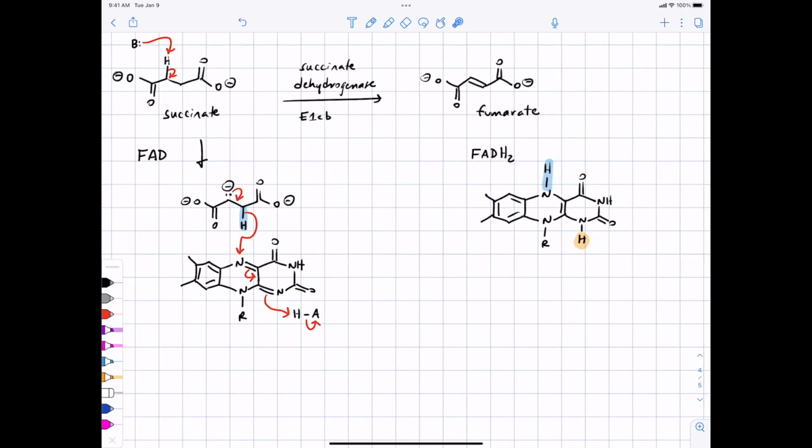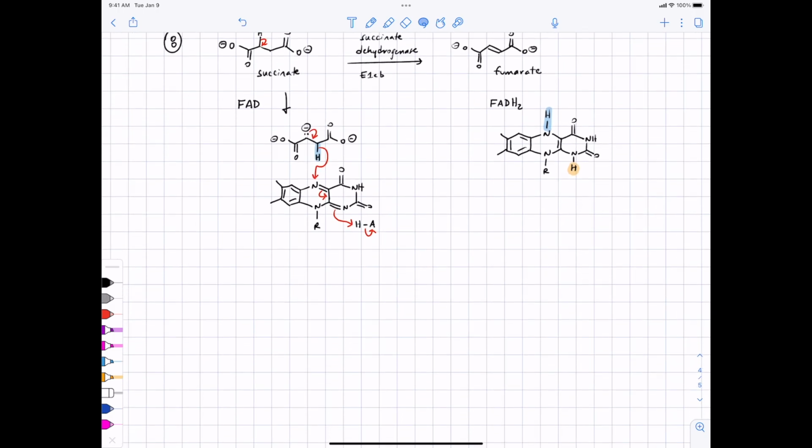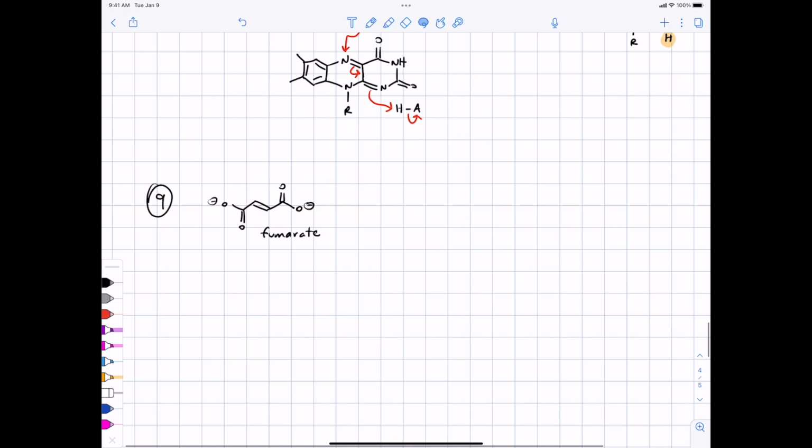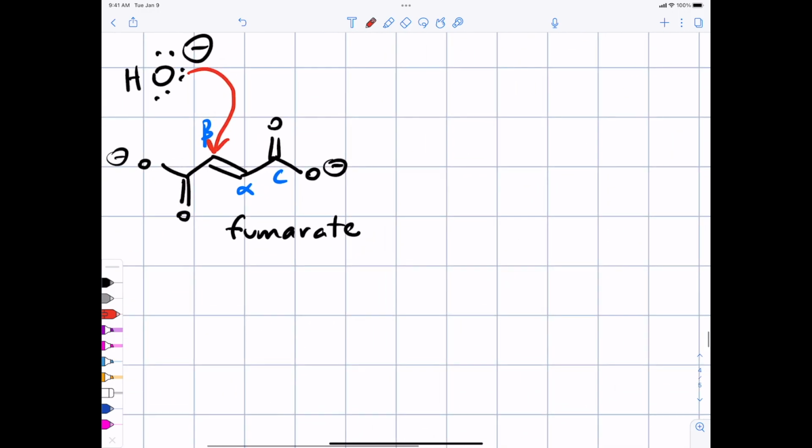Fumarate's an alpha-beta unsaturated carbonyl compound. So, getting an oxygen adjacent to one of those carboxylic acids is basically a conjugate addition style reaction. Carbonyl carbon, alpha carbon, beta carbon. OH minus acts as a nucleophile, attacks the beta carbon.